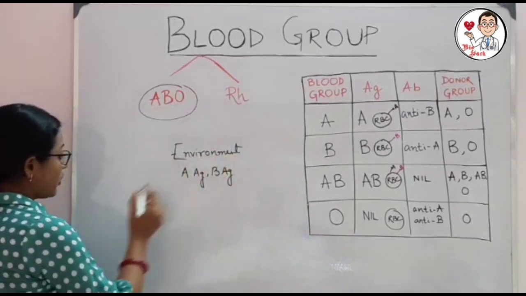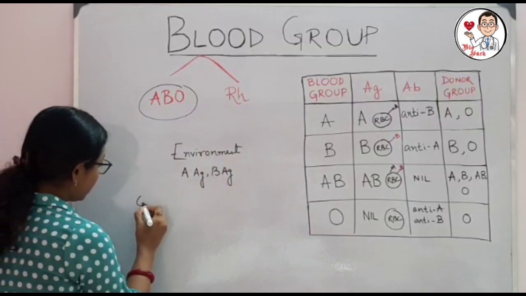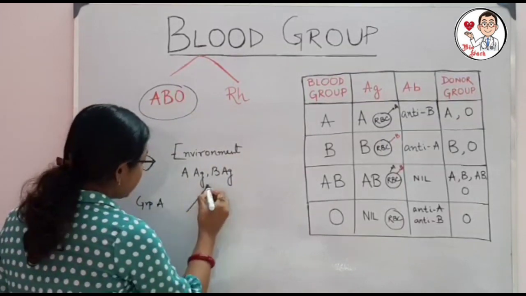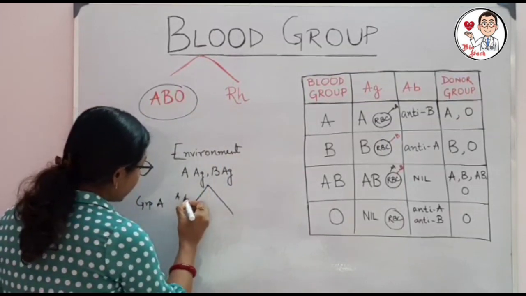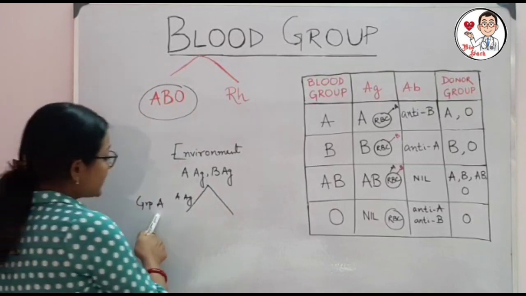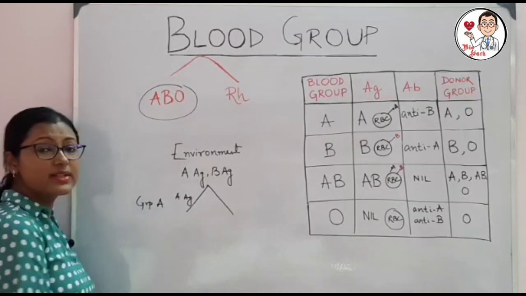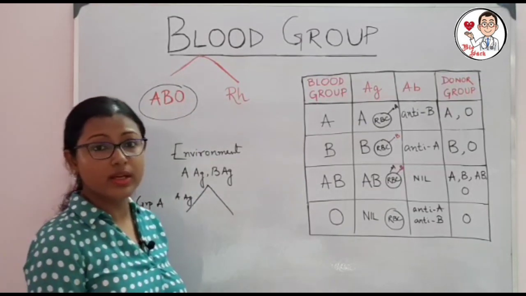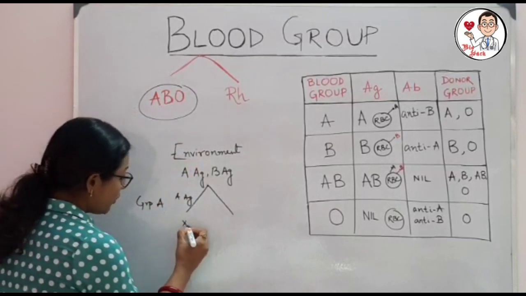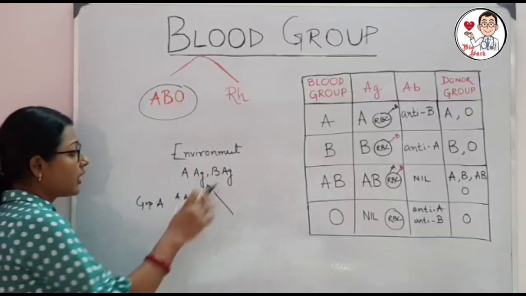Now, let us suppose there is a person with blood group A. When A antigen enters A blood group, it is not foreign to it because the A antigen is already present within it. So there will be no reaction, no antigen-antibody reaction or antibody production.